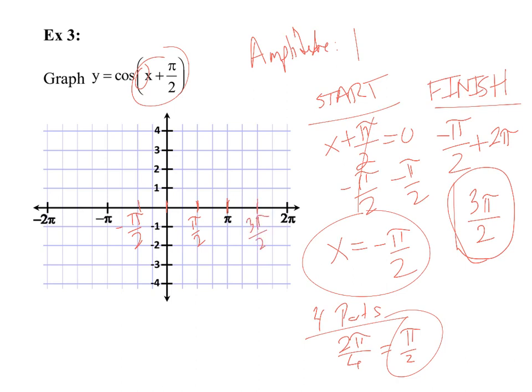I'm starting at 1 for the amplitude, so I start here at the maximum. Then I go 0, negative 1, 0, positive 1. So there's my graph. If I want to continue, just repeat the pattern. Pretty simple stuff.